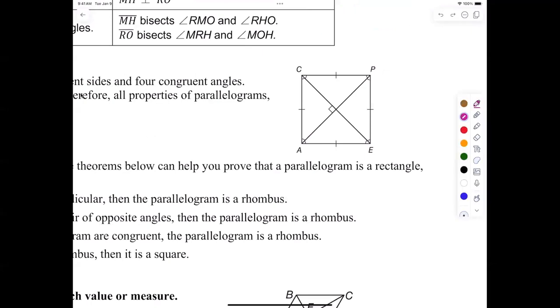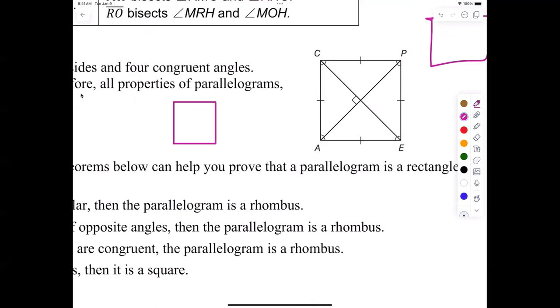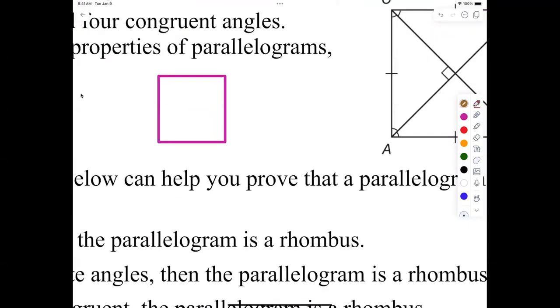Just to show you what I mean, I could draw this. Well, not that. There. That looks like a square. But this angle right here might be 89 and this might be 91. You see what I'm saying? So until they mark it, we have no idea.